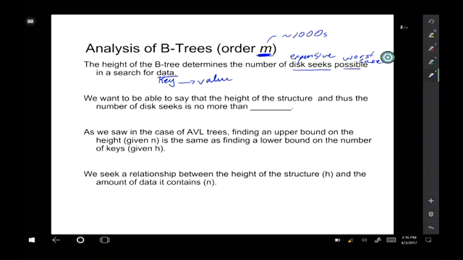Okay. So we want to be able to say that the height of the structure, and thus the number of disk seeks, is no more than what? What goes in this blank here? What would be good news? Linear? Would linear be good news? Okay. Log n.